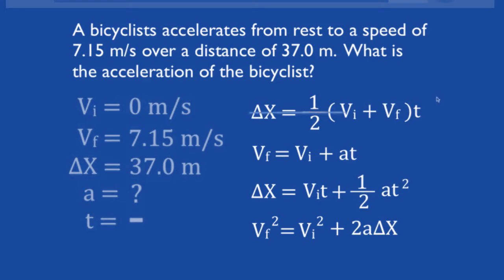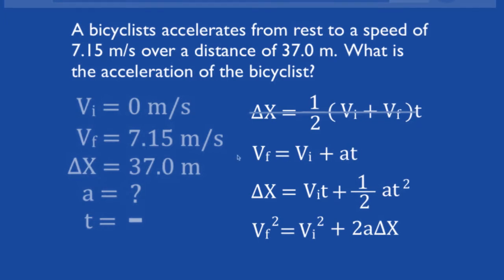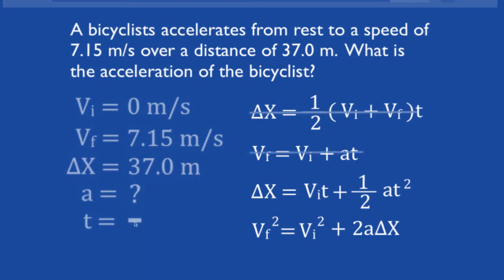The first equation does not have acceleration, therefore we cannot use this equation. The second equation has acceleration in it, therefore we can use this equation if we know the other 3 variables. Do we know the other 3? We know the velocity, yes, we know the initial velocity, yes. Do we know the time? No, we do not know the time, therefore we cannot use this equation.